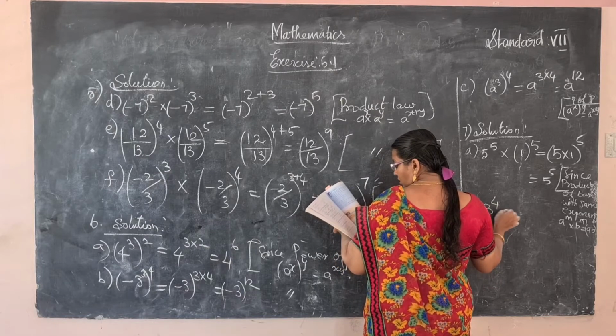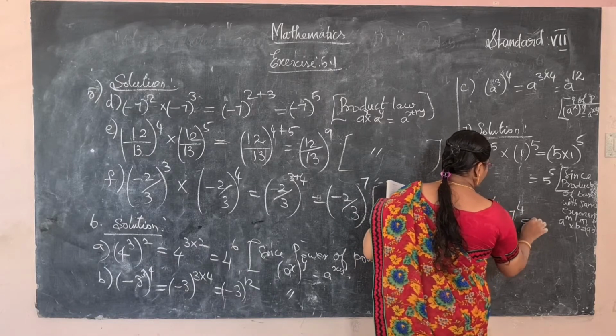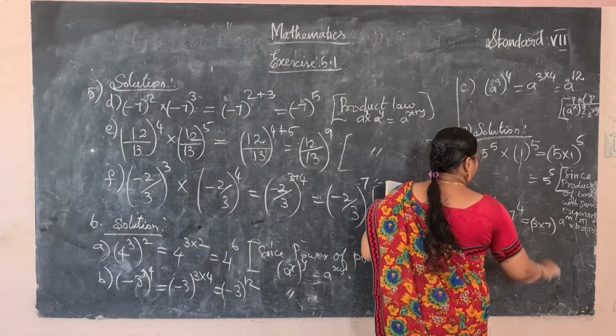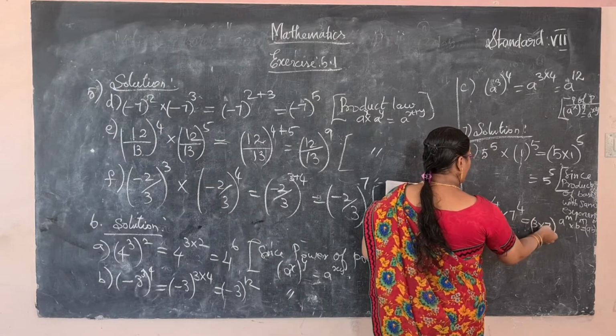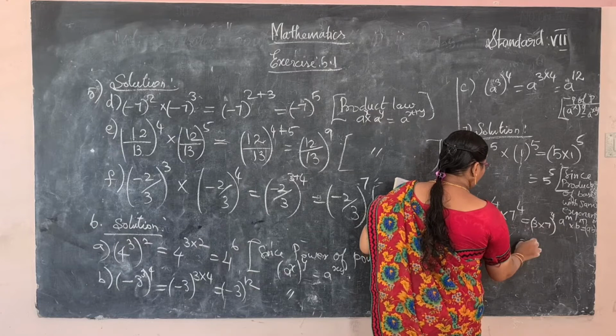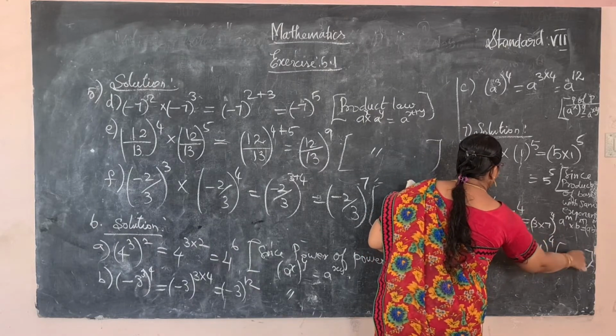And next, b problem. 3 power 4 into 7 power 4. The powers are same, so multiply the bases. So 3 sevens are 21, the whole power 4. Since write this rule.